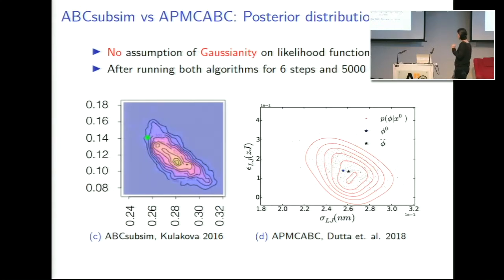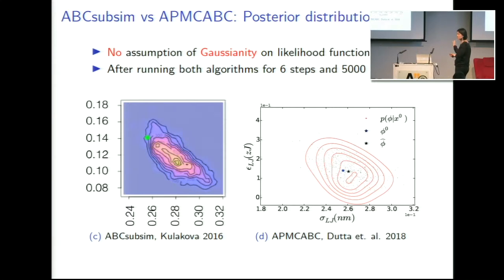First of all, we can calibrate the Lennard-Jones force field without assuming Gaussianity, and we calibrate it on quantities that typically are not used for calibration, but are the quantities that you really care about. This is our benchmark, a paper that also uses ABC to calibrate the Lennard-Jones potential in 2016.